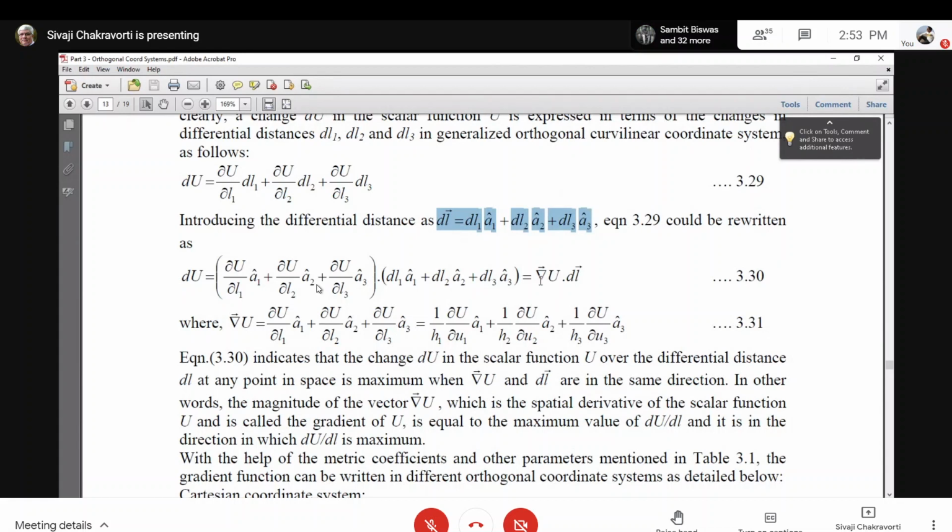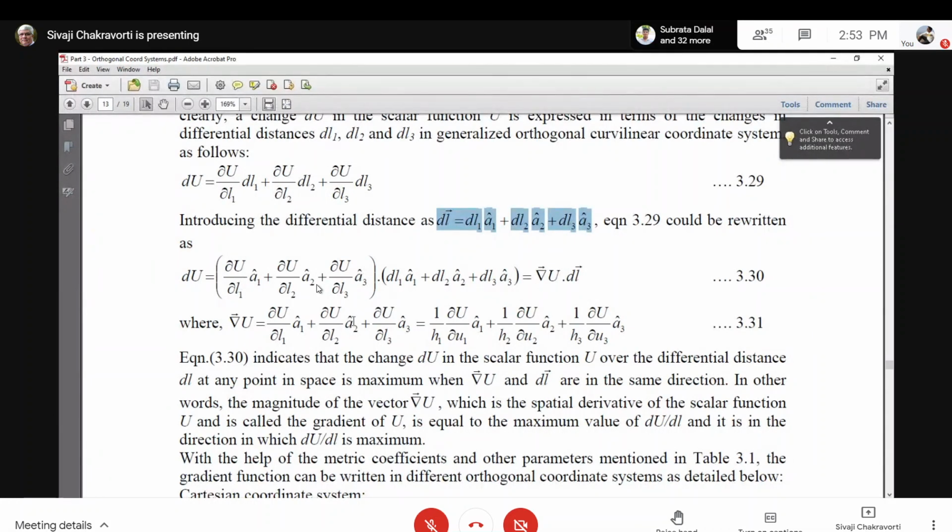So then what is del of u? Remember, this is the gradient of potential, del of u in equation 3.30. And this is the first parenthesis, equation 3.31, the first quantity within the parenthesis.